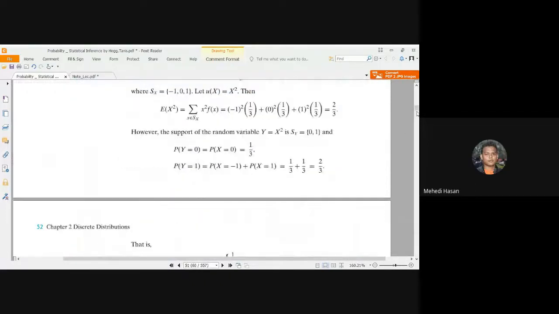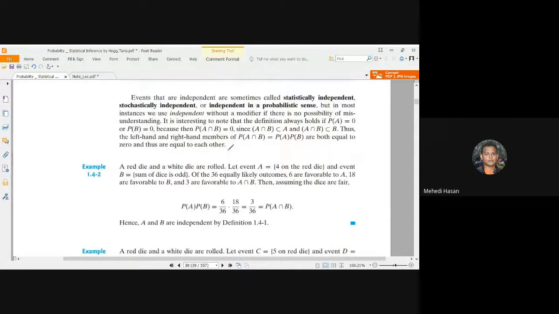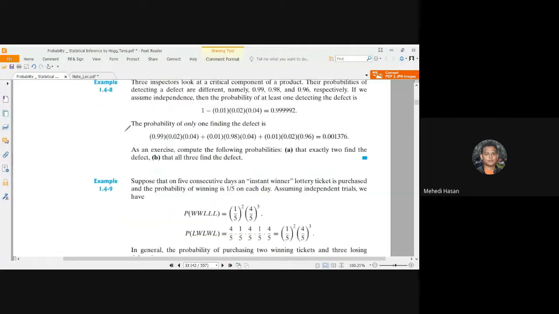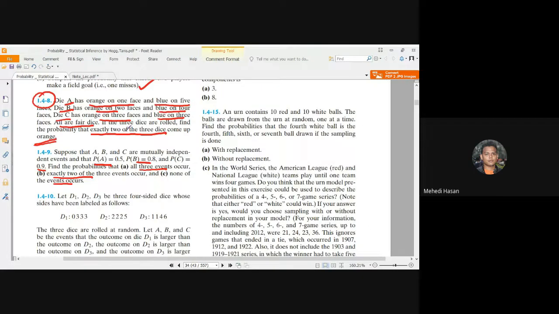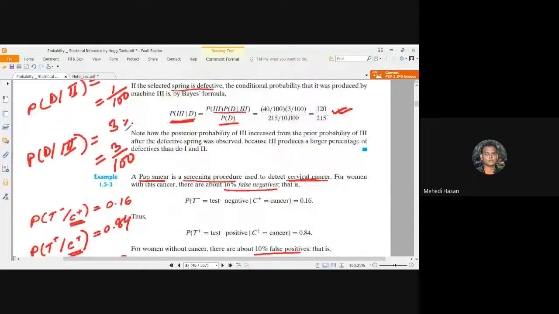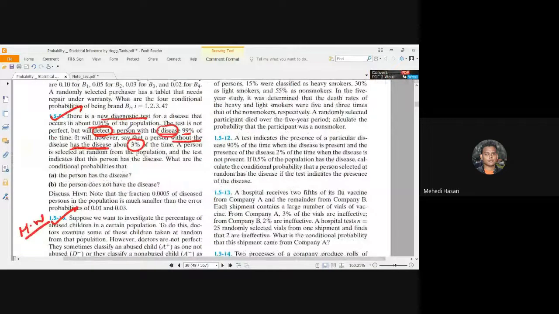Sir, there is a text here. Does it make sense if we read it? The conditional probability that a person tested positive does not have the disease is 0.9838. It is large, which shows that the test is ineffective. This occurs because the fraction 0.0005 of diseased persons in the population is much smaller than the error probabilities of 0.01 and 0.03.